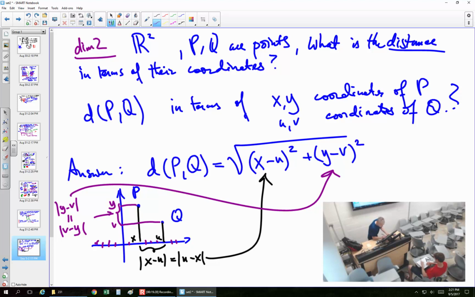So our algebra is taken care of on each of these two axes separately, and now we combine them together in this formula based on what? The Pythagorean theorem. So this is the distance, d(P,Q) is right here, and as you can see, it's the hypotenuse of the right triangle.